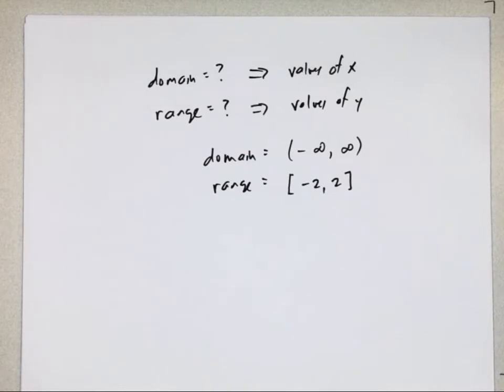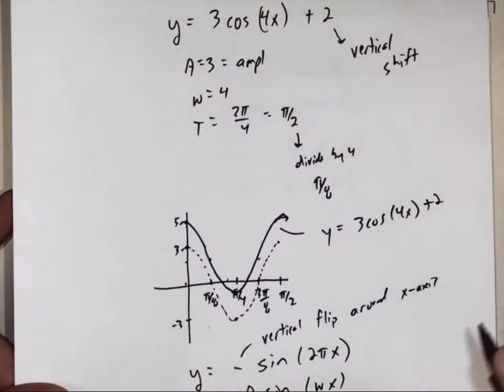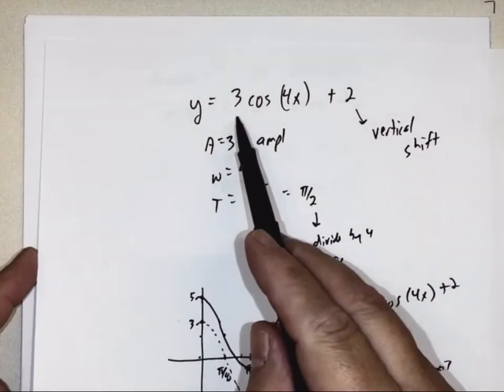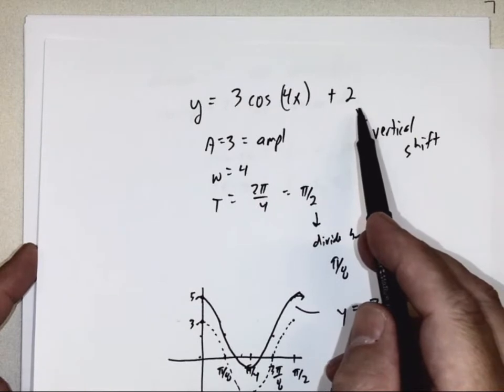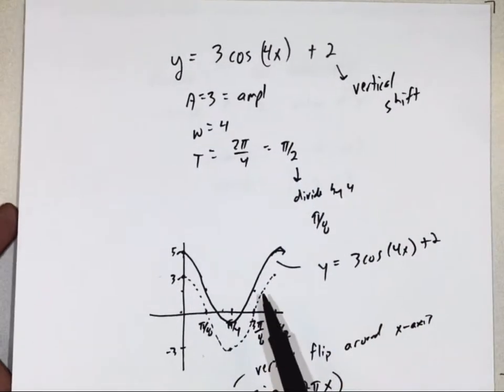Let's take another quick example. How about the one where we had the vertical shift? That's sort of interesting. Remember this one? We graphed 3 cosine 4x plus 2. Let's find the domain and range.